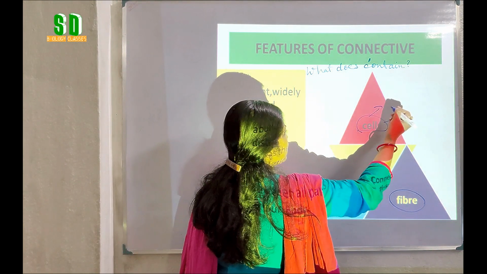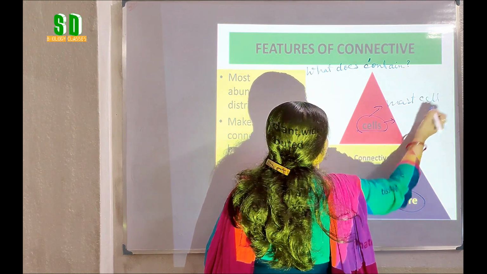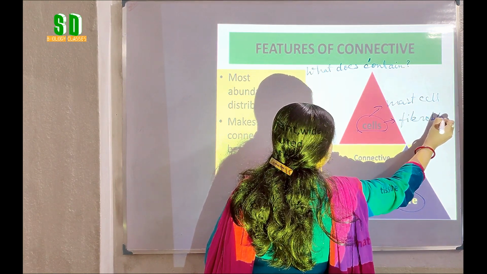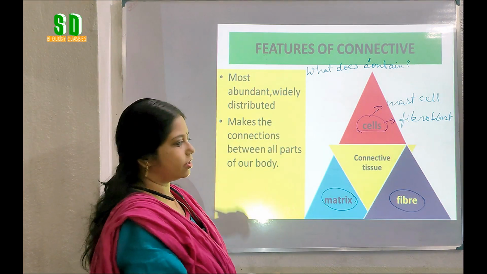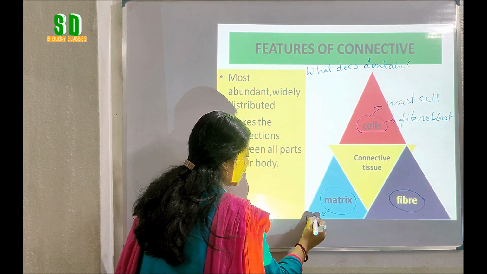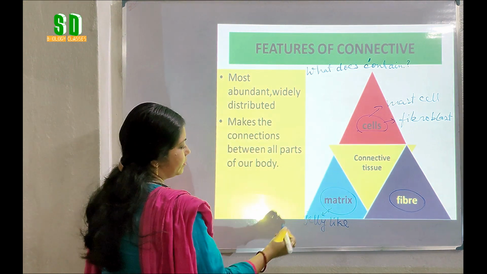For example, some cells are called mast cell, fibroblast. These are the cells which are present in the connective tissue. Matrix is a jelly-like part of the connective tissue.